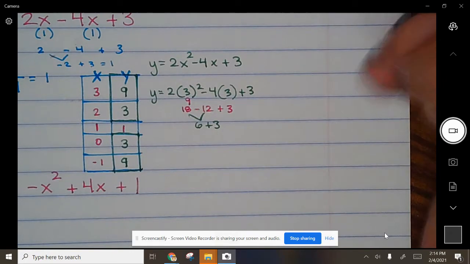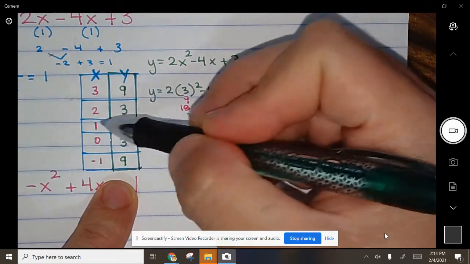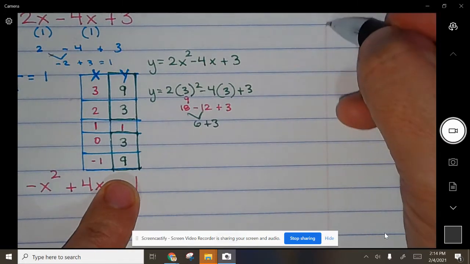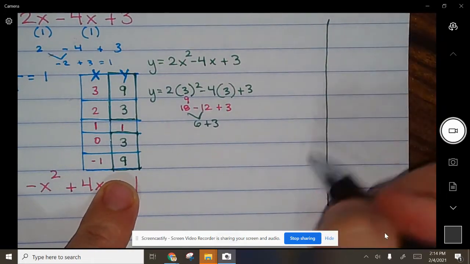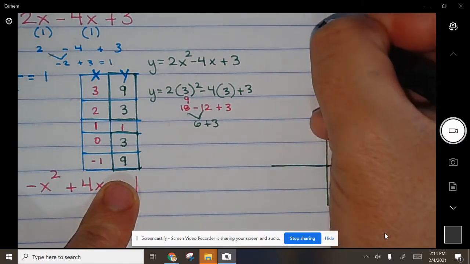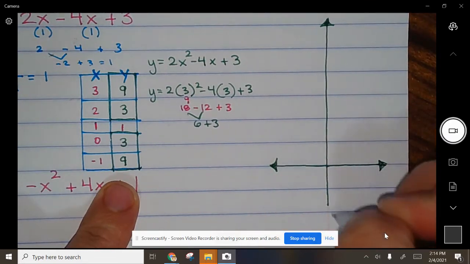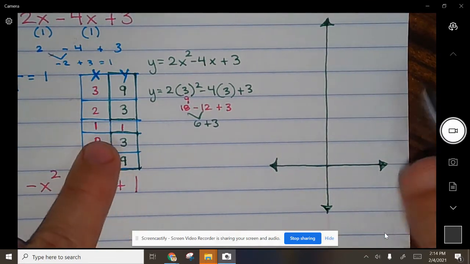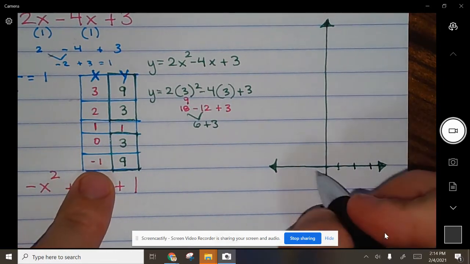I think we're good. And so I notice my y goes all the way up to 9, and my x's don't go that far. I'm going to use my margin here, the red line. Try to keep this neat. I notice my x has to go all the way to 3. 1, 2, 3, and then to negative 1.